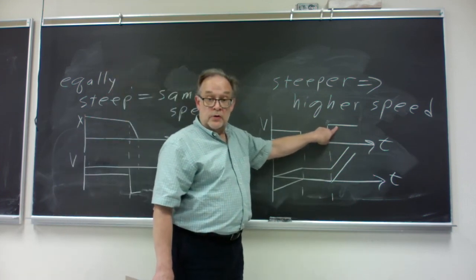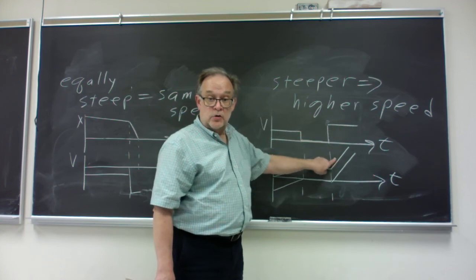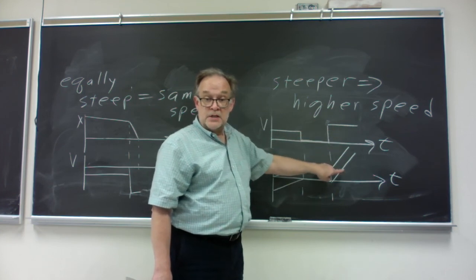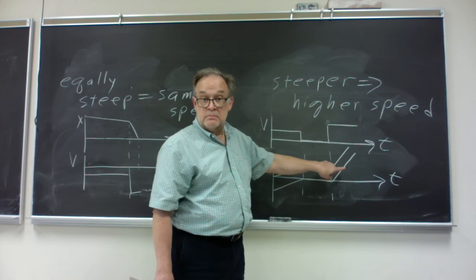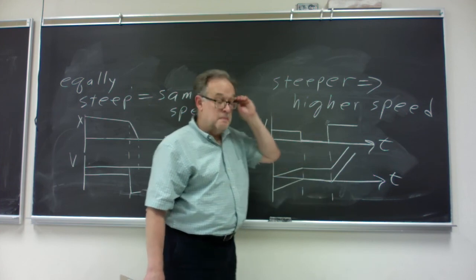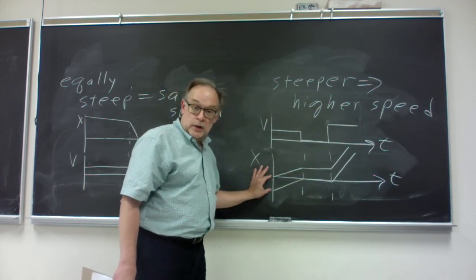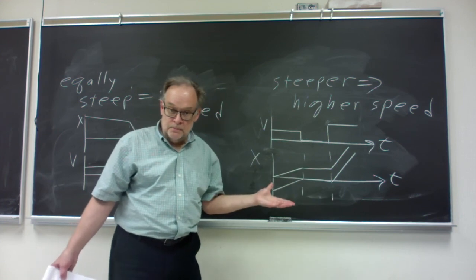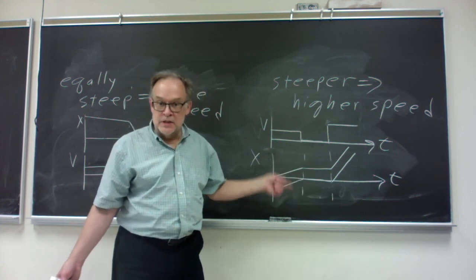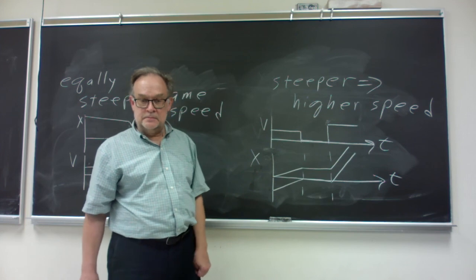The numerical value of this velocity is the numerical value of this slope, and since this line is parallel, it has the same slope, in other words, the same velocity. These two lines are parallel, they have the same slope, which means they correspond to the same velocity.